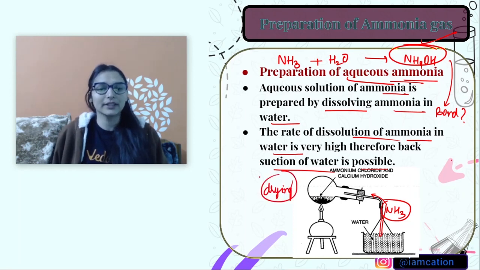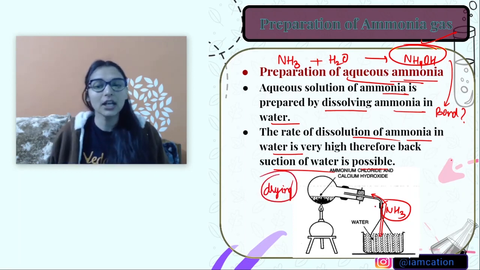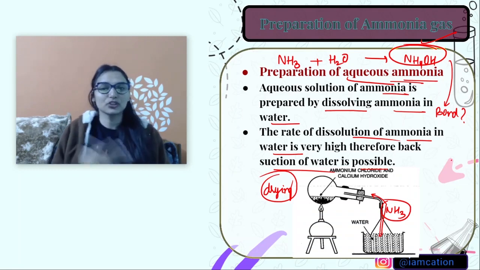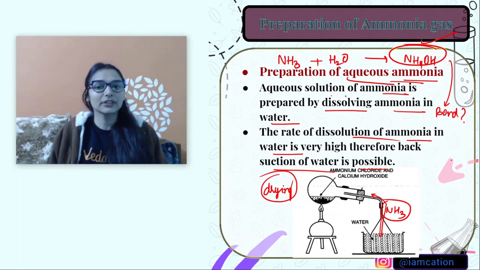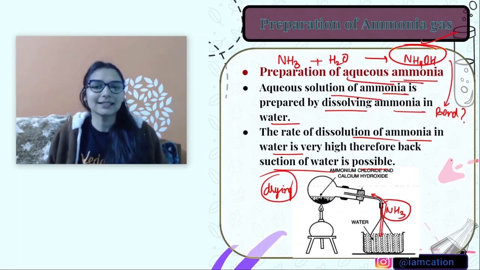Before doing this we already use a drying agent so that the reaction setup is not disturbed over there. So that's easy. And remember, how will you prepare this aqueous solution of ammonia?